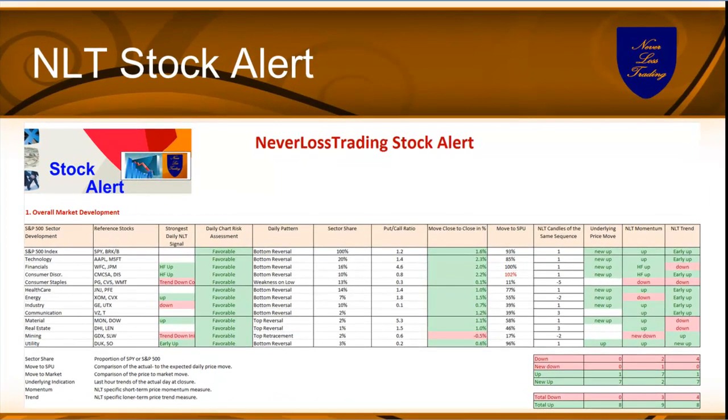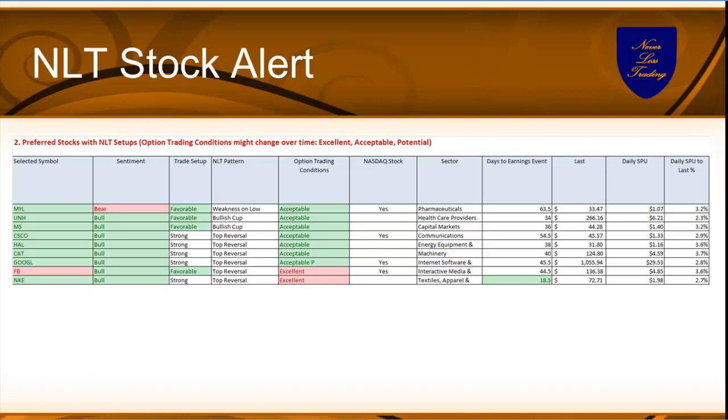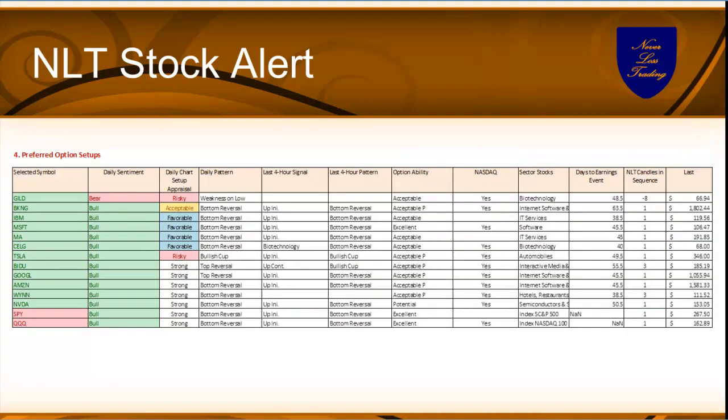In the next step we say, okay, those were preferred stocks that have setups that we like. It's not always that many, but on that day, November 26, the report I took it from, there it was, and the price move has to be confirmed. You saw we work with a price threshold, and we formulate that to give you an idea where the entry and where the exit is supposed to be.